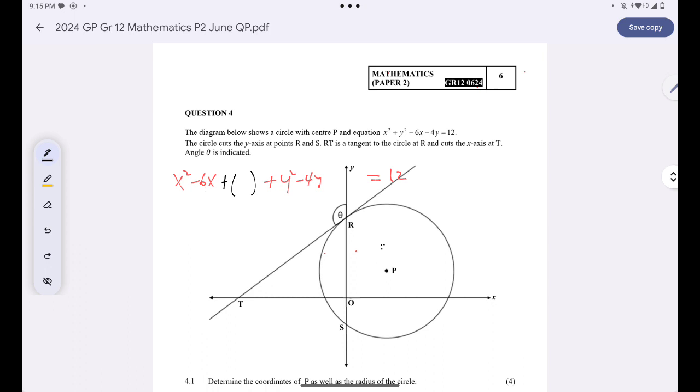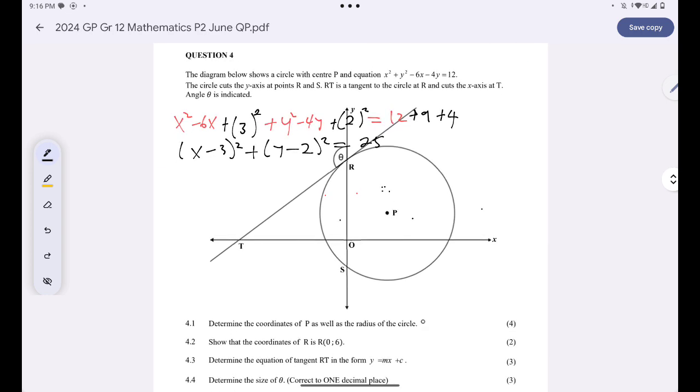The value of b is negative 6, so negative 6 multiplied by a negative half, I'll get a 3, then I'll square it. Whatever I do on the left hand side, I must do on the right hand side. So here I'll just get 2 squared, then I'll have 4 there. So I'll have x minus 3 all squared, y minus 2 all squared, and this is equal to 25.